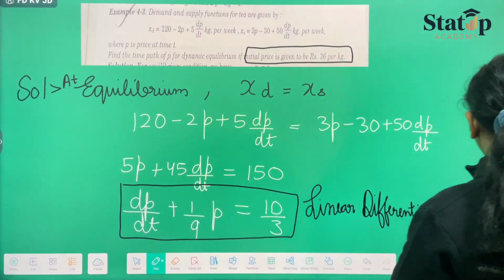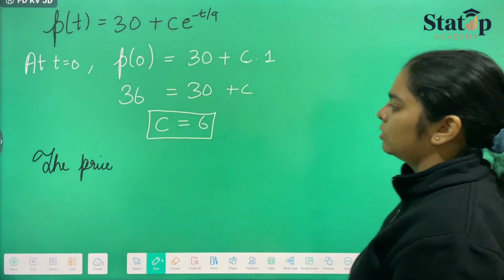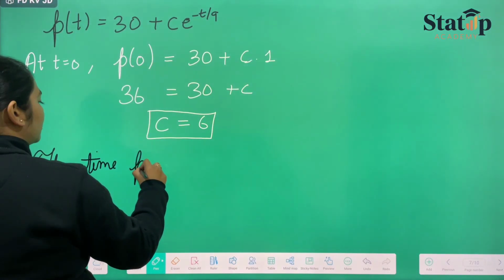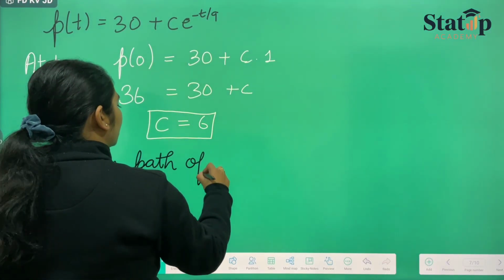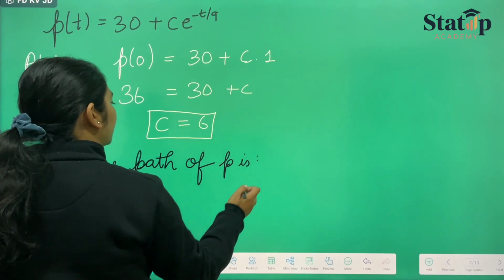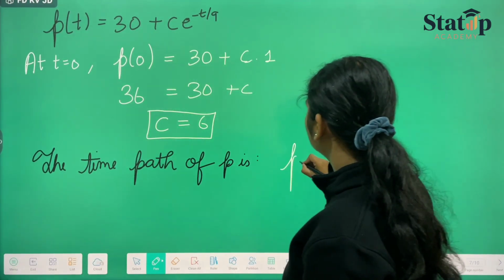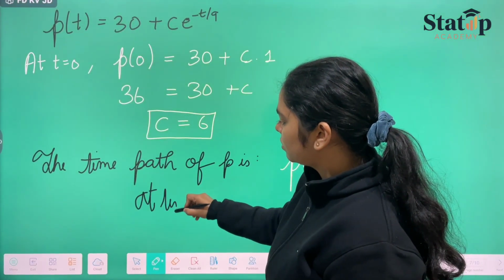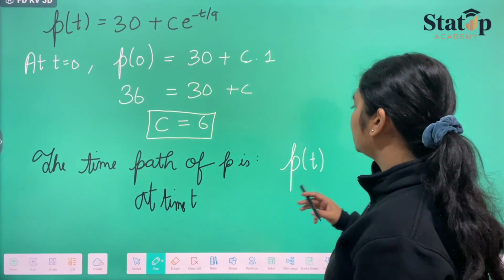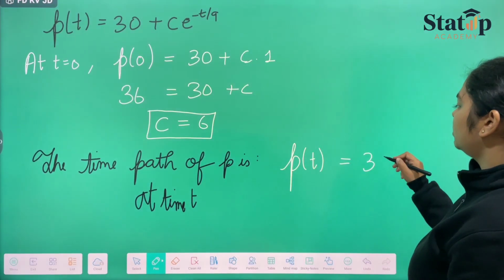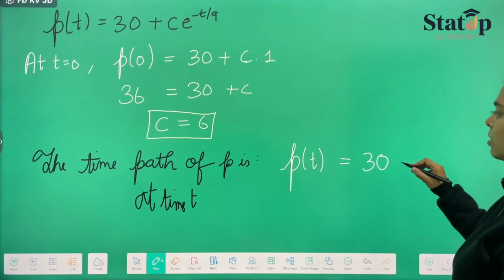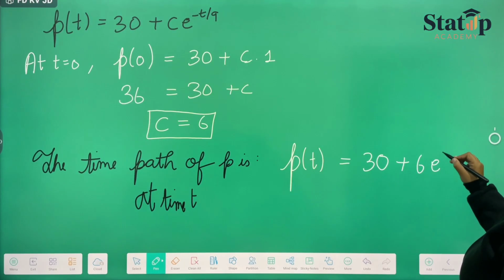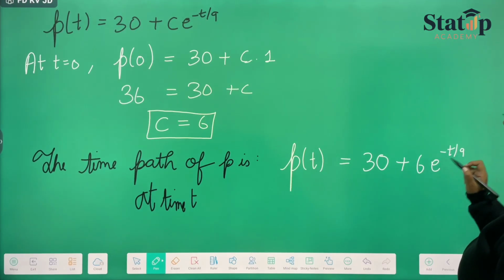Find the time path of P. The time path of P is given by pt at time t. pt equals to 30 plus 6 e raised to the power minus t by 9.